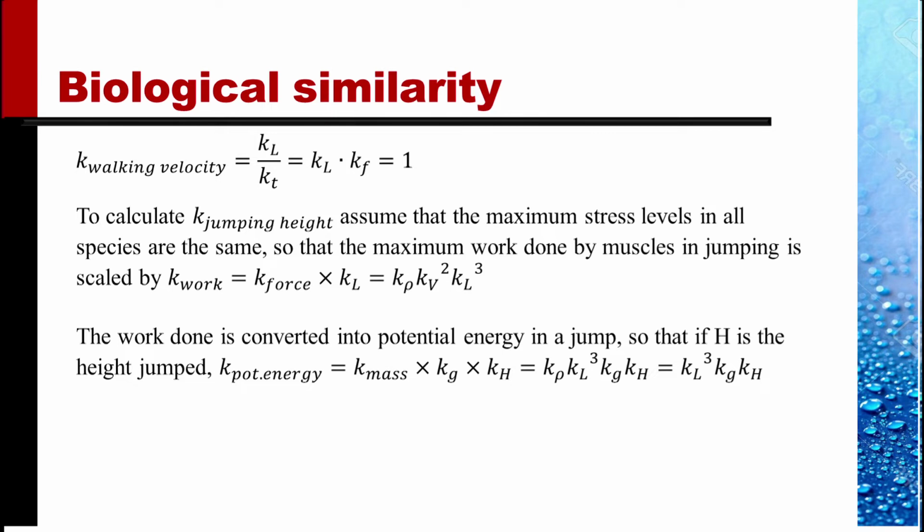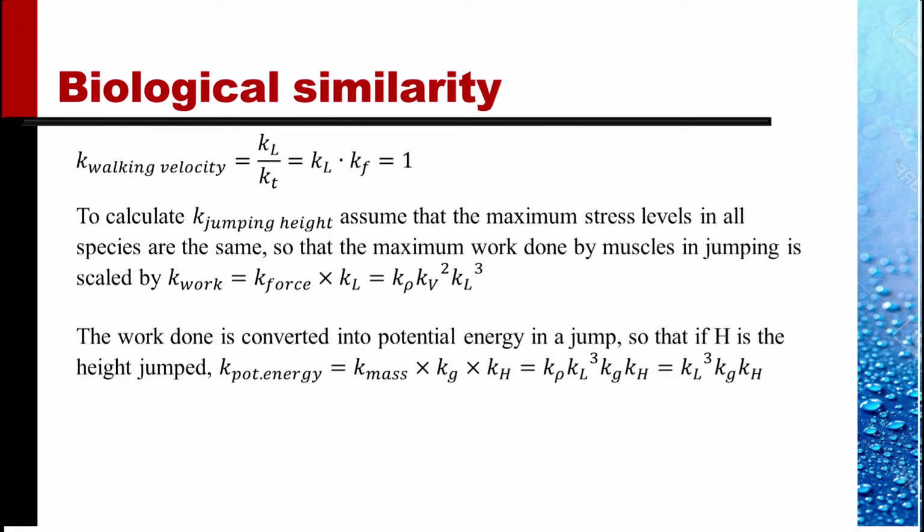K sigma is 1, stress level being same, so the work done scale factor is like KL cubed. This work done is converted into a potential energy in a jump, and if capital H is the height jumped, K potential energy is equal to K mass times Kg, the acceleration due to gravity, times H. K mass into Kg into Kh.